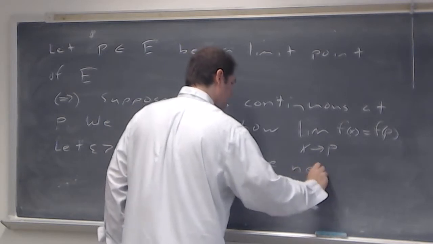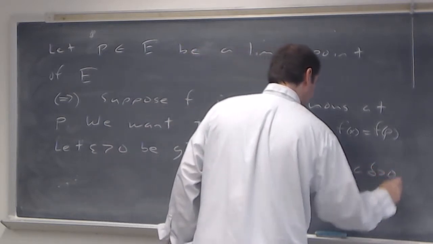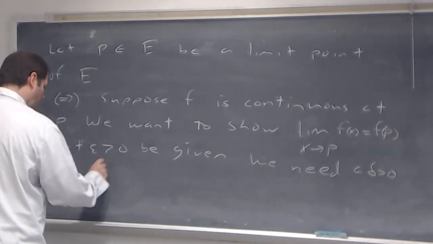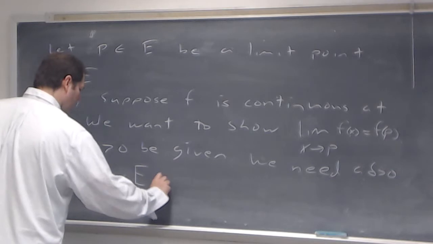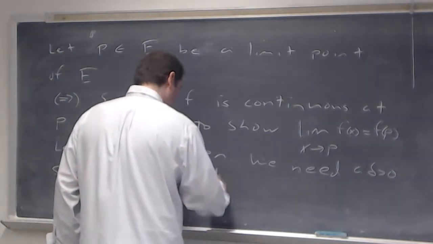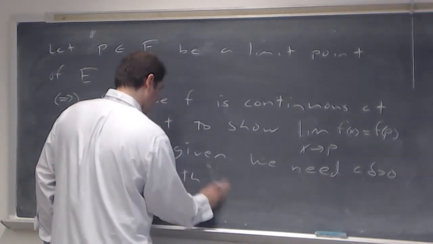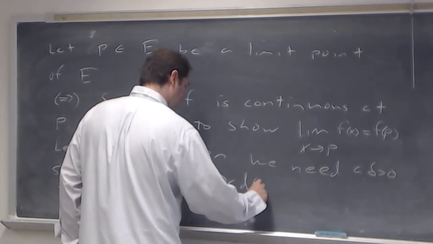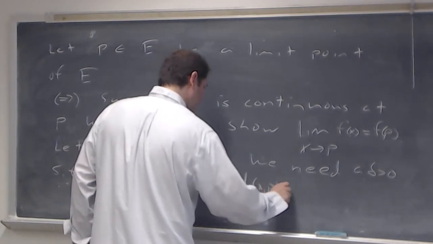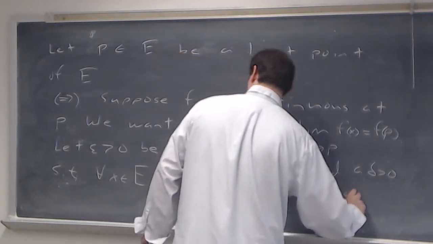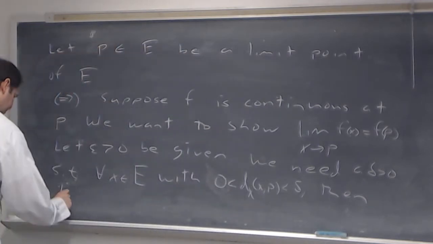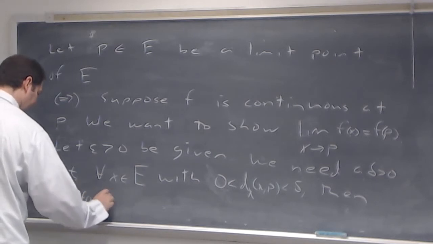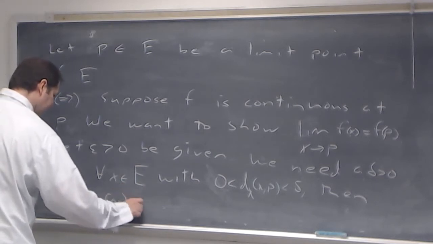We need a delta bigger than 0 such that for all x in E with 0 less than the distance between x and P less than delta, then the distance in Y between f of x and f of P is less than epsilon.